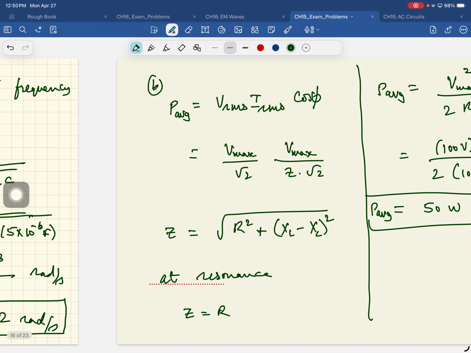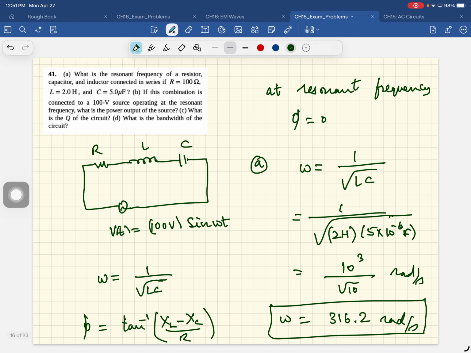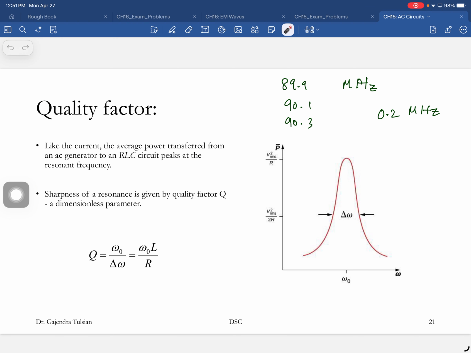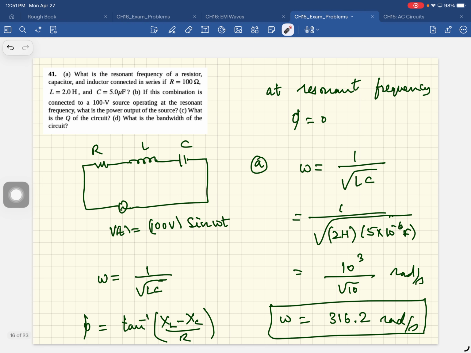And what does part C say? What is the Q of the circuit? So let me remind you what Q is. Here's the circuit, here's the load, and as you change the frequency, the power delivered to the load changes, and that's what this is showing you.